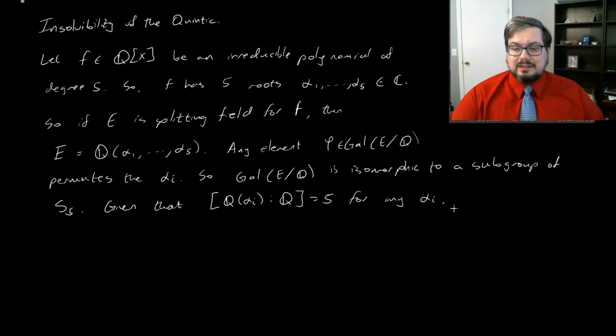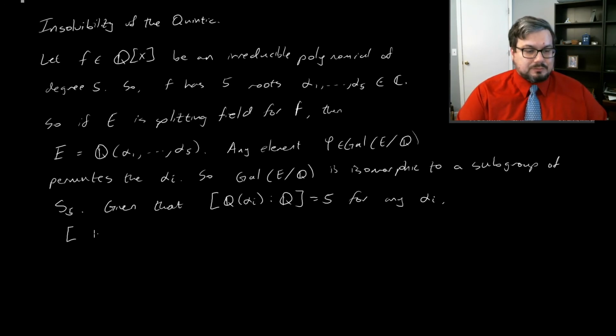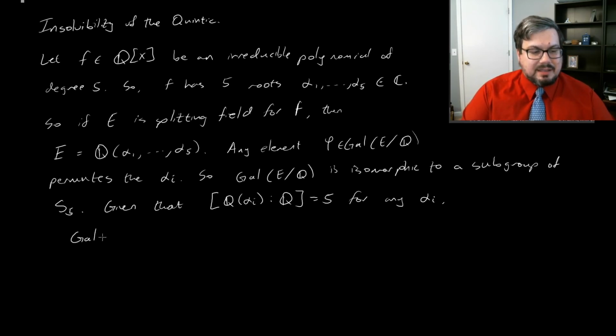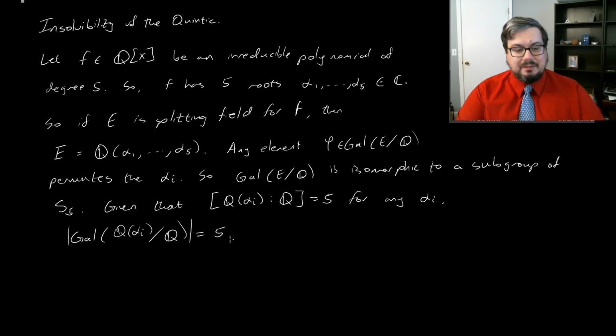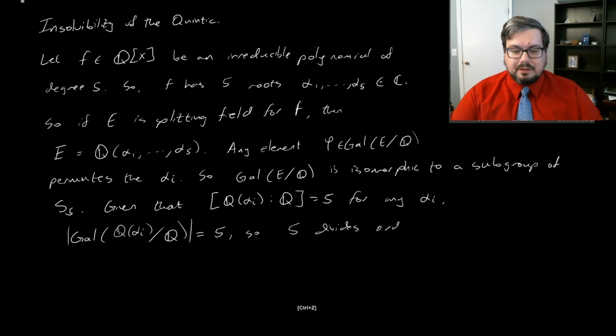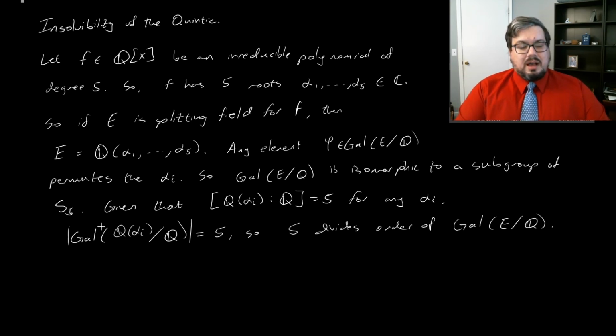So we have that the Galois group of Q of alpha i over Q has order 5, and so 5 divides the order of the Galois group of E over Q, because this group is a subgroup.